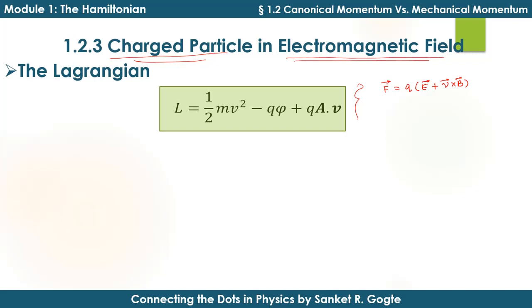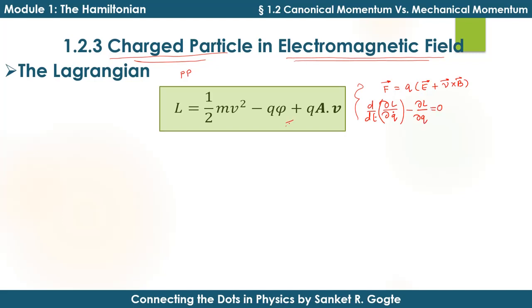This is one more point to ponder. What you have to do is use the Lagrangian equation of motion, which is dou L by dou Q dot differentiated once with respect to time minus dou L by dou Q is equal to 0.